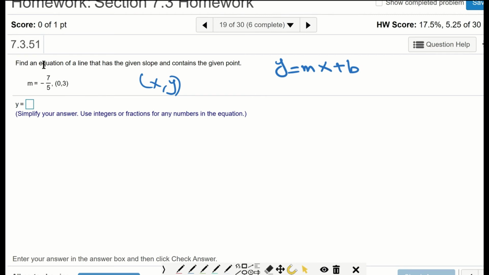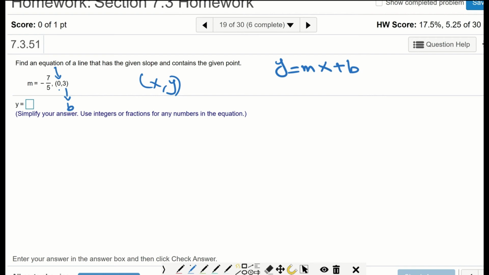And of course, notice they're giving you m, and since the x coordinate here is 0, that means this must be what? B. Remember, this y value is b only if the x coordinate is 0. If they give you another point, that's not going to be the y-intercept.